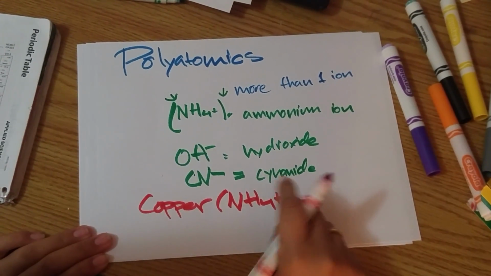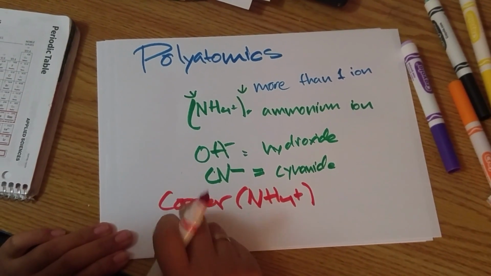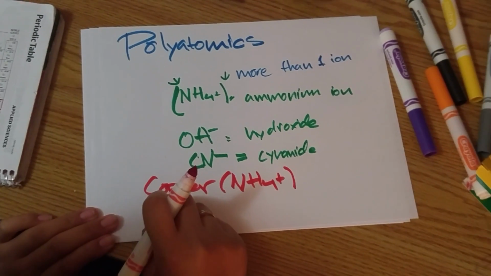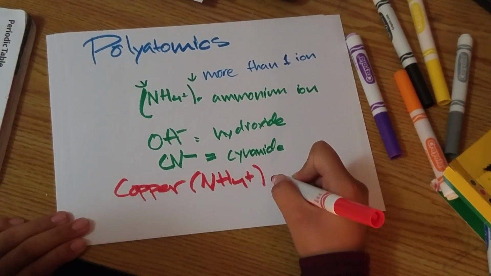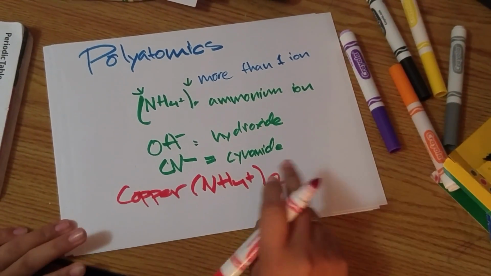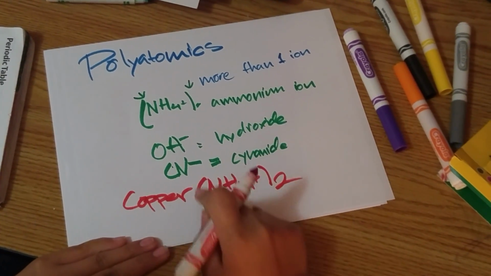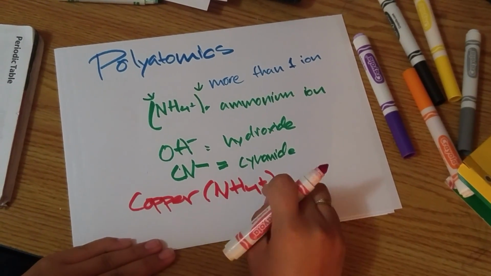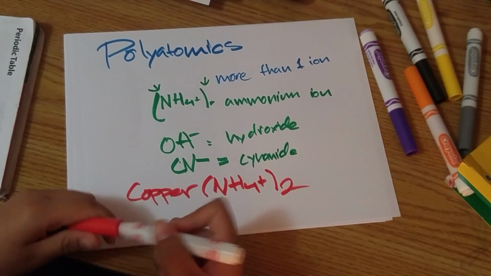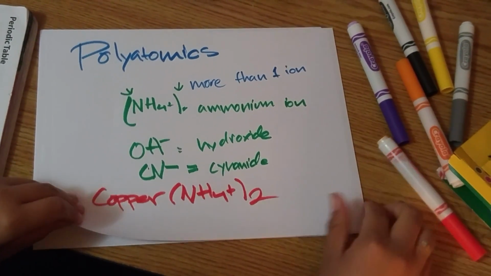We need to add parentheses because we still need to add the charge of the copper, okay? This being, in this case, let's just say 2. You see the parentheses right here? It's used to differentiate the number that belongs to it versus the charge of the copper.